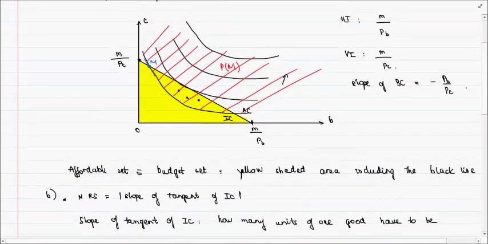Alright, so the indifference curve corresponding to bundle M is IM. Okay, so that is IM.